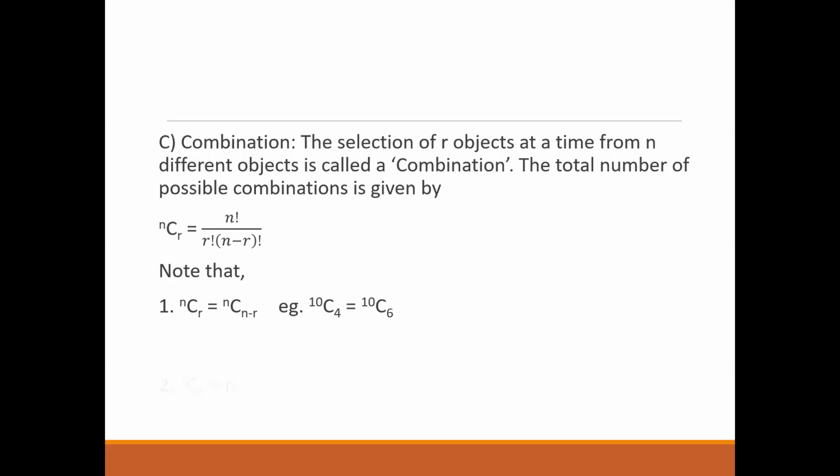The second one is, if r is 1, then the answer will be n. And the last one, if both the values are n, which is similar to n and 0, then we have only one combination. The answer is always 1. Clear?